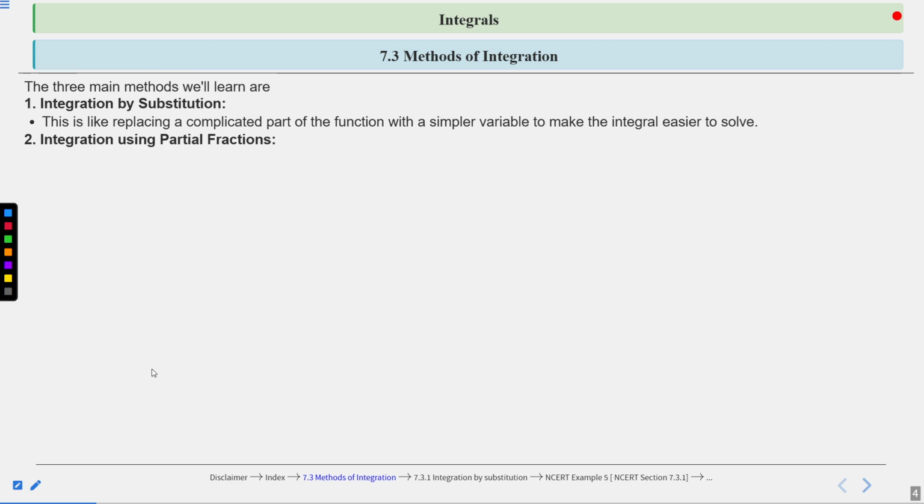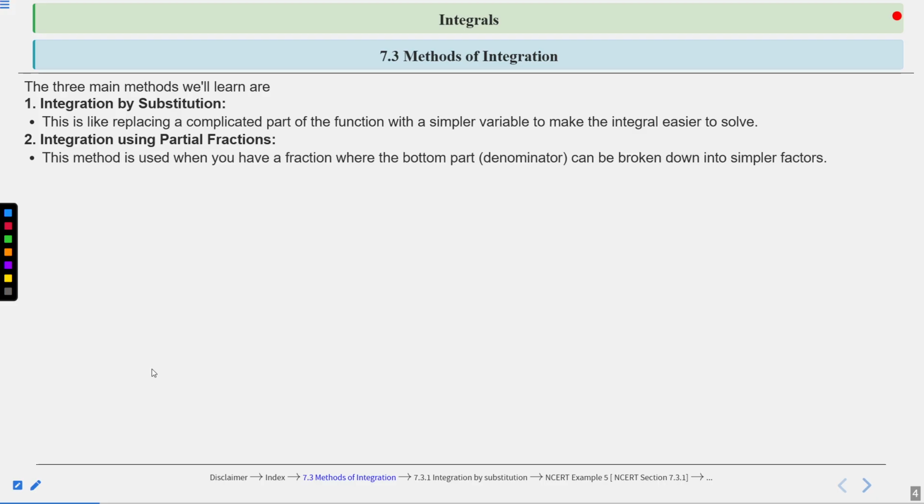Then you have to write the given rational function in terms of partial fractions so that it becomes easily integrable. This method is used when you have a fraction where the denominator can be broken down into simple factors, right?